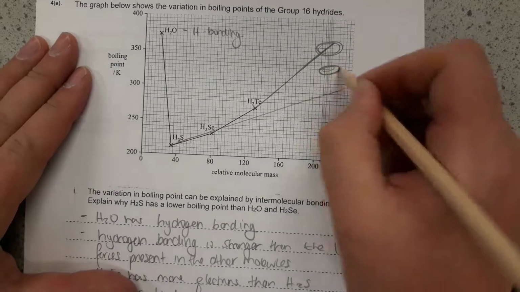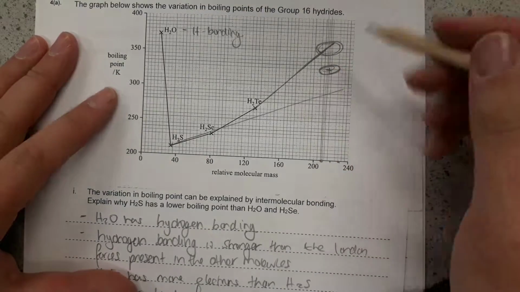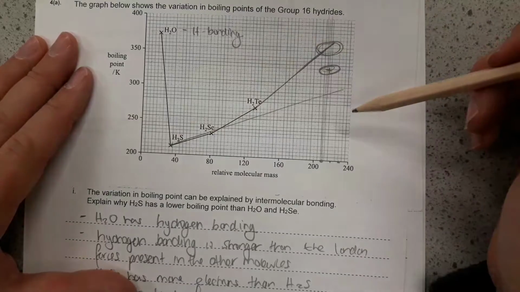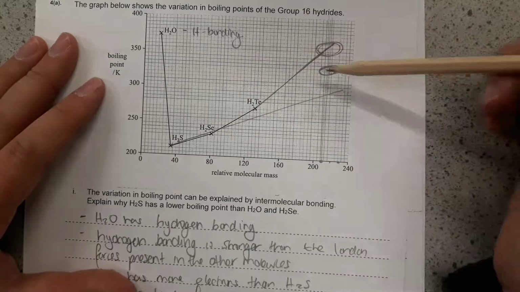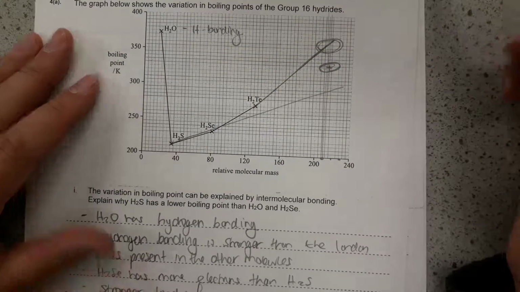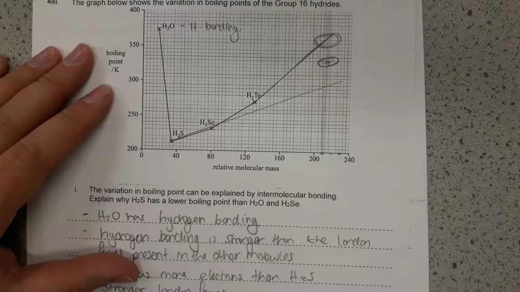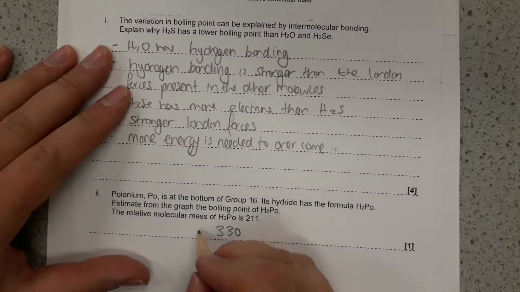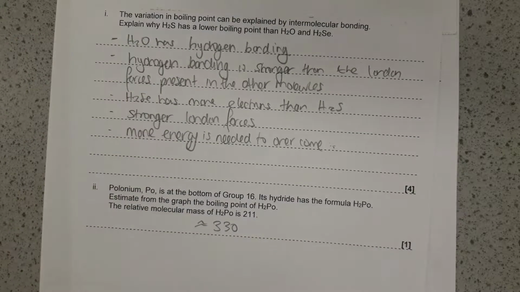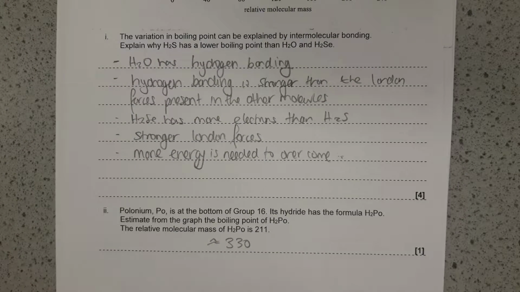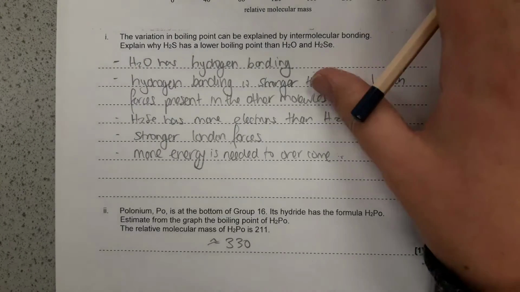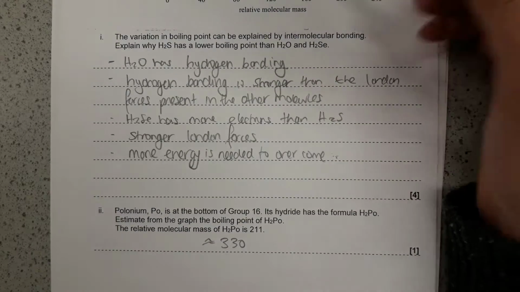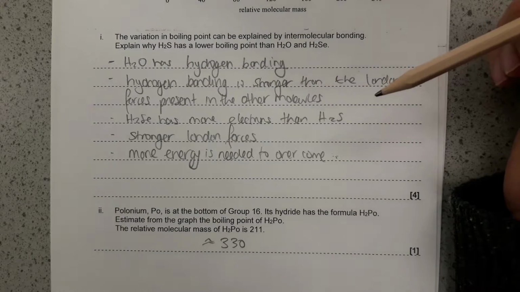Maybe pick the middle value around there, which comes at about 330. So somewhere around the 330 mark would be an answer for that one. The mark scheme's range gives you between 285 and 335, so I've gone towards the higher end of that range. It's a bit of mathematical skill in trying to interpret and extrapolate the graph.